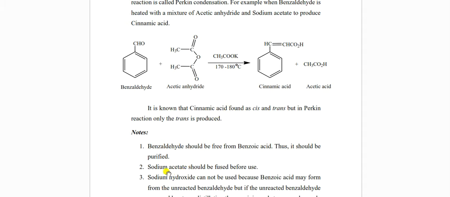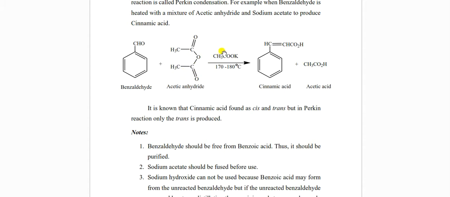Now, note number 2: the sodium or potassium acetate, the alkali salt used in this reaction, should be fused before using, heated in the oven before using, to avoid losing starting materials. Why?